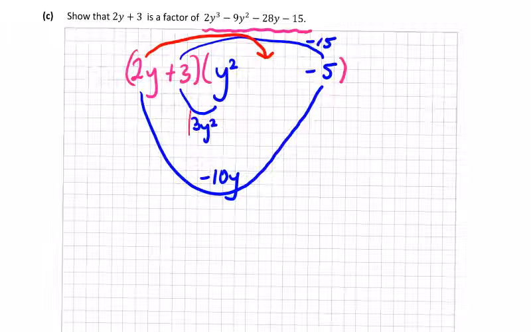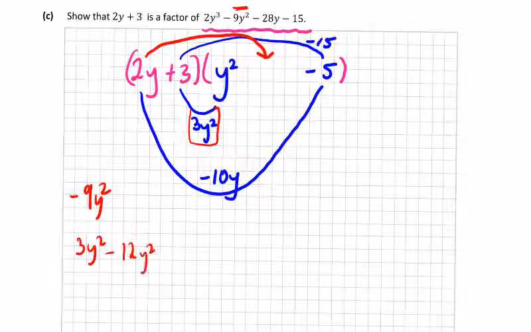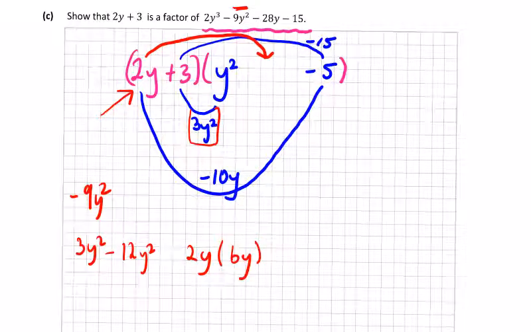And I have already got 3y squared. So to get minus 9y squared, which is in the expression, we need 3y squared minus 12y squared. So 2y, the term at the beginning here, multiplied by something gives minus 12y squared. Well, 6y would give 12y squared, so minus 6y. So this term has to be minus 6y for it to work.